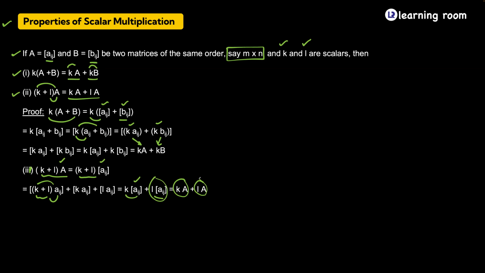It is basically like distributing that scalar to each, distributing each scalar to the matrix. That is the meaning of (K plus L) into A. So anyways, these two properties are to be remembered. That's it.